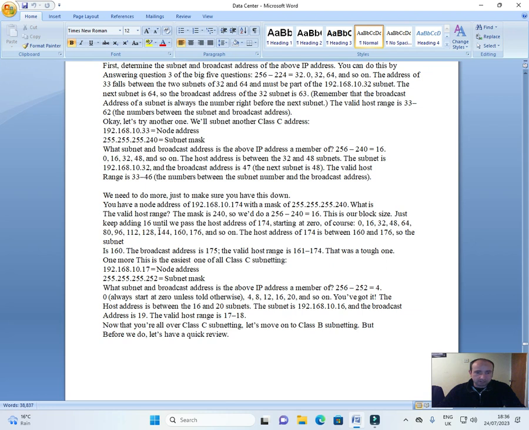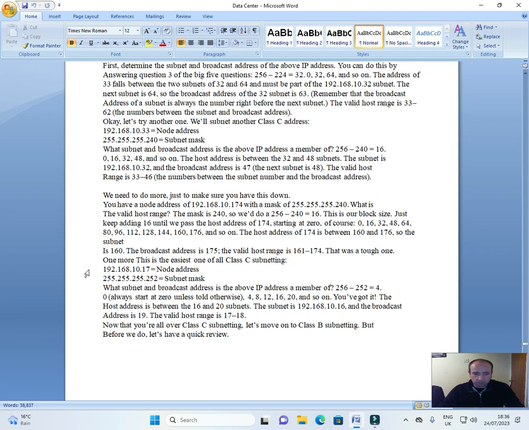Just keep adding 16 until we pass the host address of 174, starting at 0: 0, 16, 32, 48, 64, 80, 96, 112, 128, 144, 160, 176 and so on. The host address of 174 is between 160 and 176, so the subnet is 160, the broadcast address is 175. The valid host range is 161 through 174.